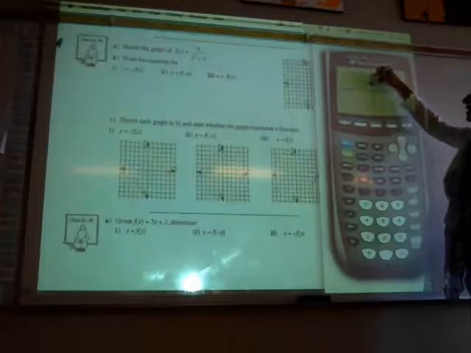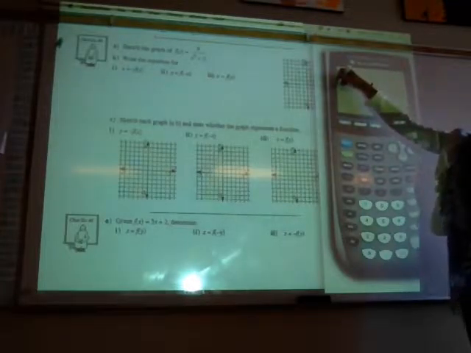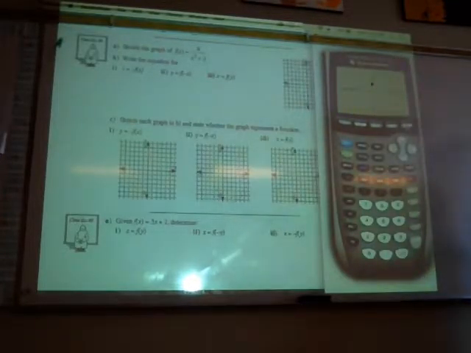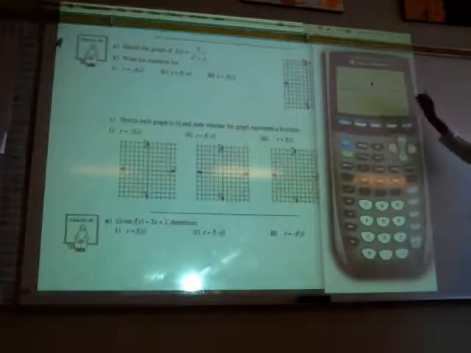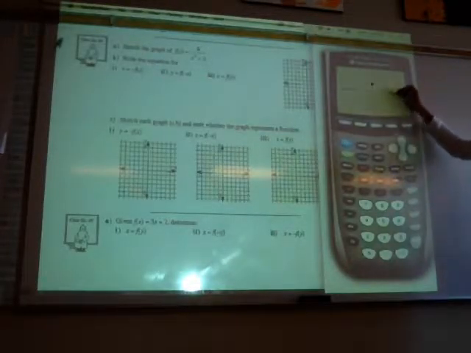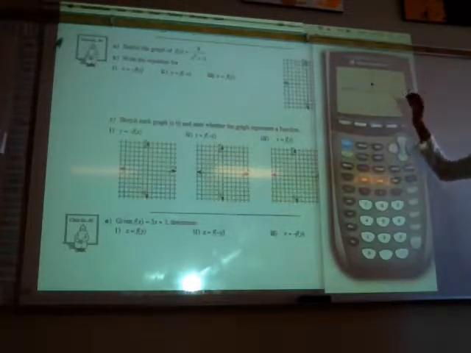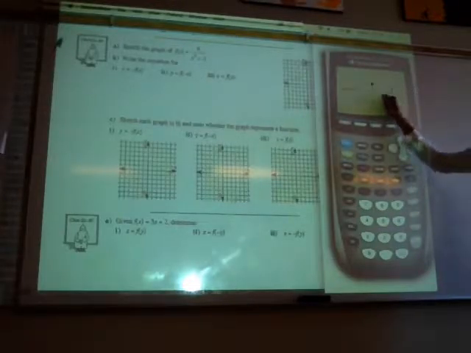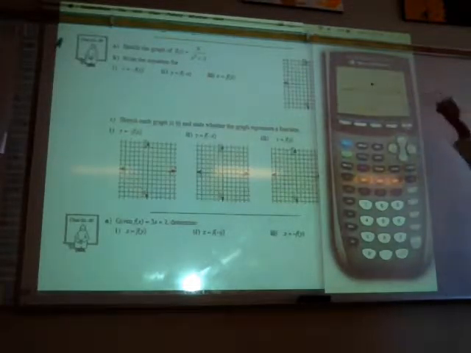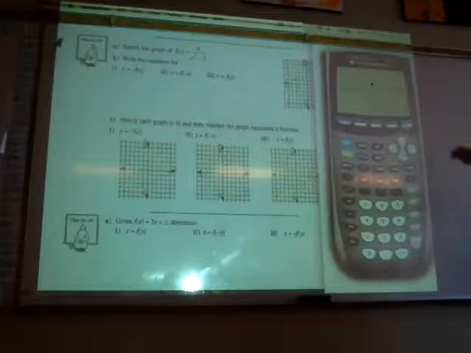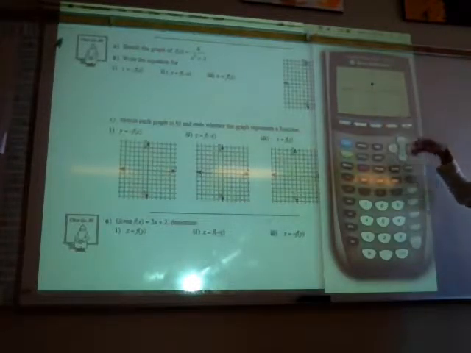Similar if we go to the left, it's approaching y equals 0, or the x-axis, but it's not touching it. We're going to learn this in a later unit, but we have what's called a horizontal asymptote, and it's not going to touch that line. It's approaching the x-axis.